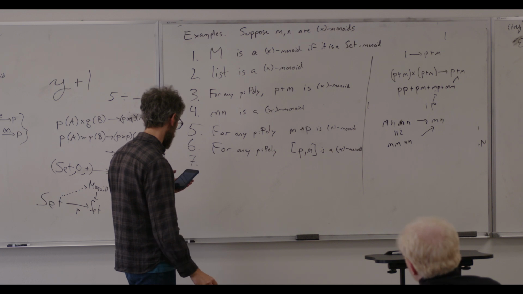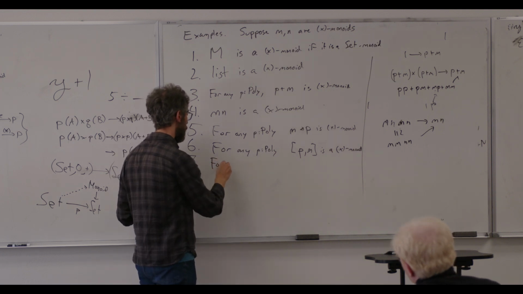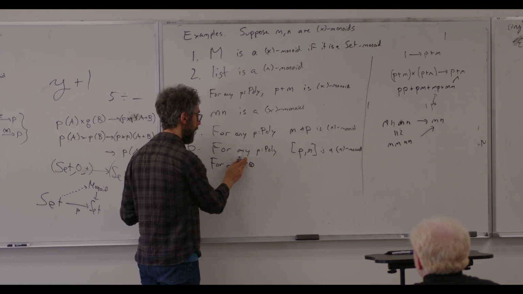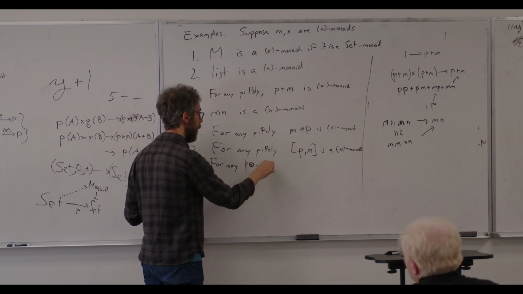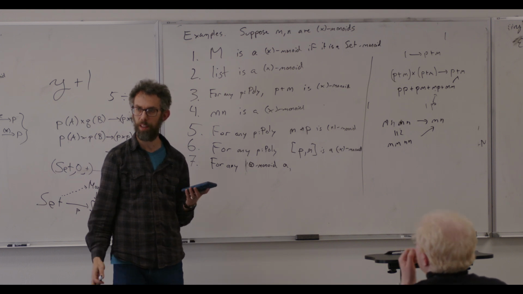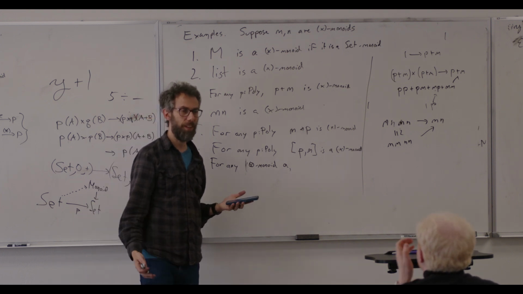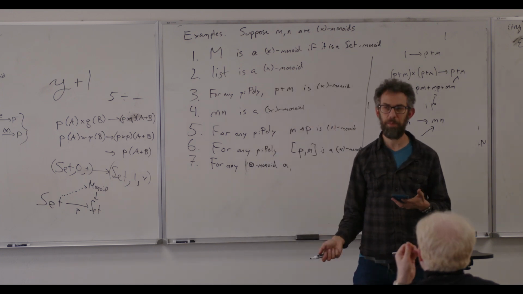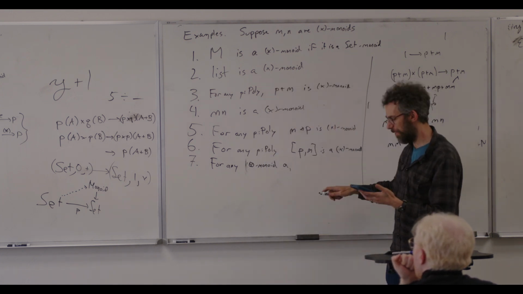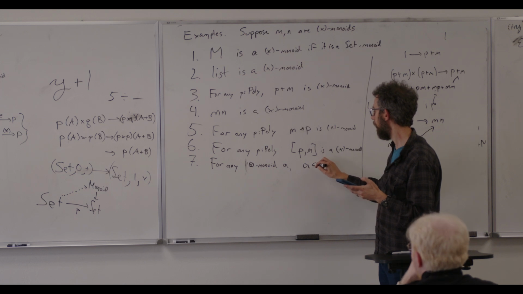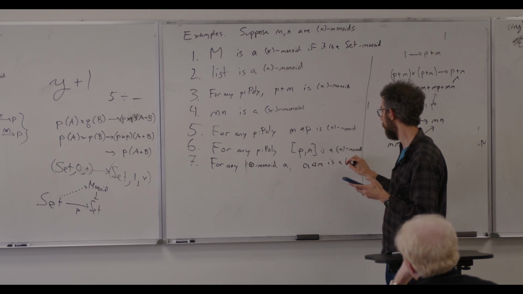For any applicative, for any tensor monoid A. So if A is an applicative, it's the thing we did before. It's also called a collective or a right lax monoidal functor. It's these like economic collective thing, remember? Okay. For any of those, A composed M is a times monoid.